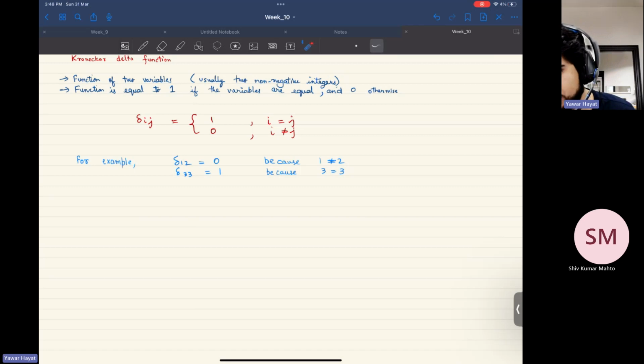But what if one of the two indices is 0? Suppose this j was 0. When would this del i0 be 1? When i would be equal to j. But since j is 0, this would only be equal to 1 when i is equal to 0. For the rest of the entries of i, I'll have this Kronecker delta function as 0.